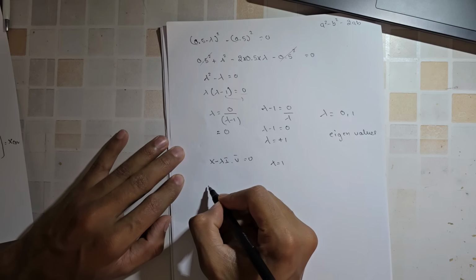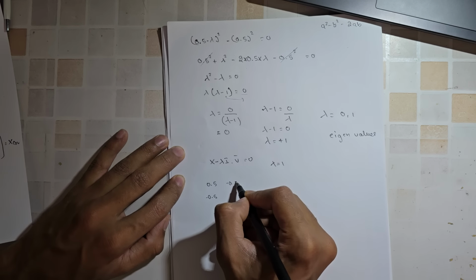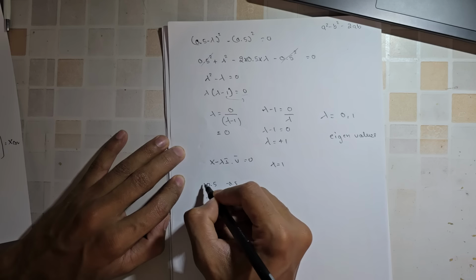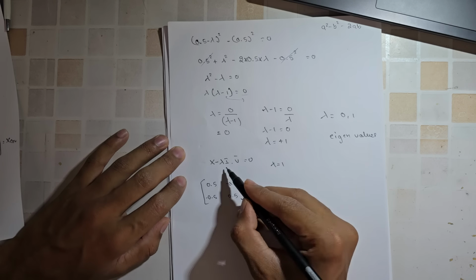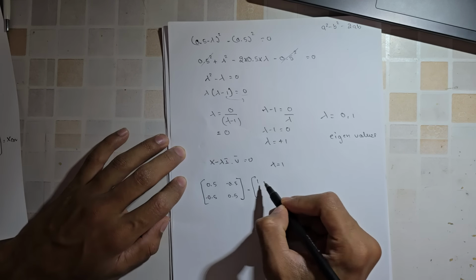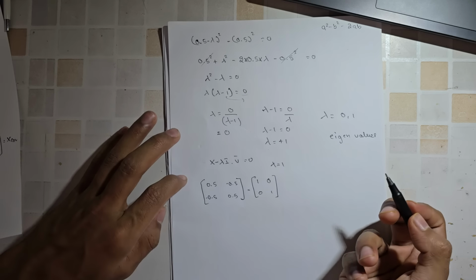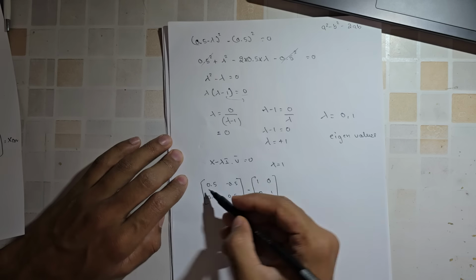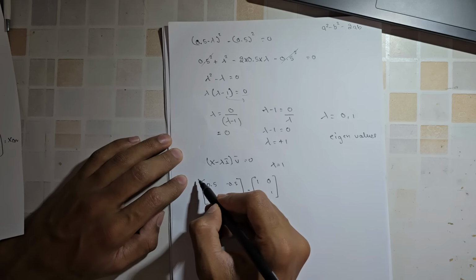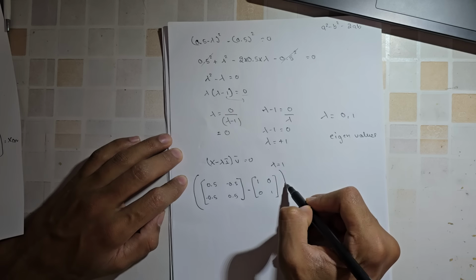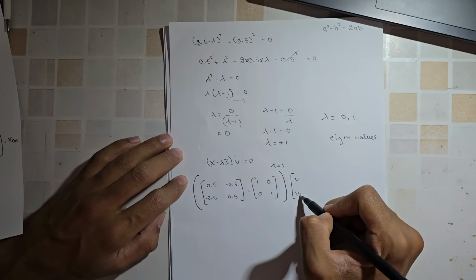What will it be? See, 0.5 minus 0.5 here, minus 0.5 here, just 0.5. I will write this minus, since this is 1 into identity matrix, it is the same itself, right? So 1 0 0 1, it's the same, so there is no change. This bracket is there over here. Okay, now this whole thing is multiplied to this v1 and v2.